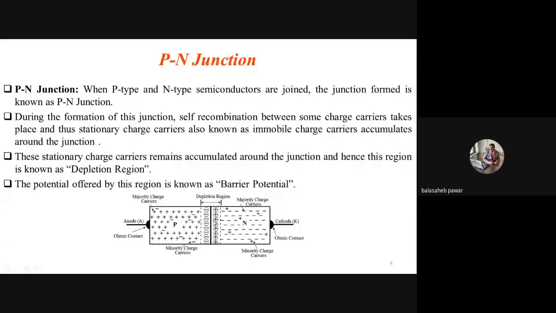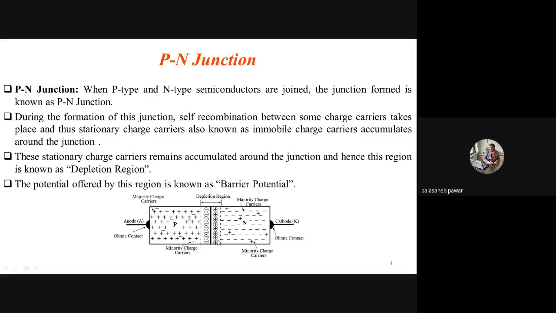So see what is happening exactly during the formation of this p-n junction. Holes from the p-type semiconductor migrate towards the electrons, or electrons get attracted to the holes, and they recombine. When they recombine, at the edge of that p-n junction a stationary positive charge accumulates, just shown over here.